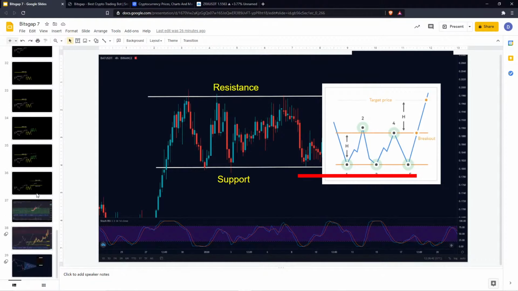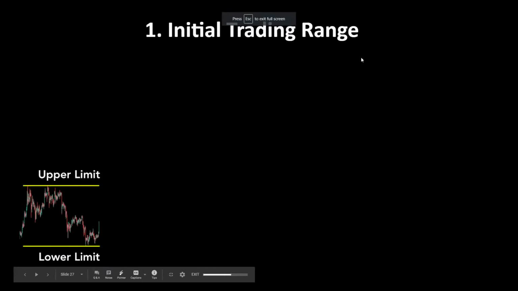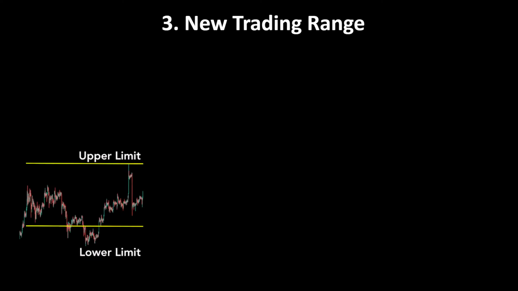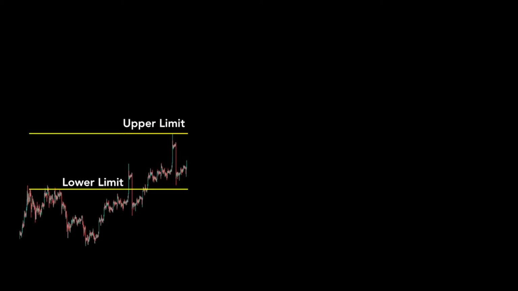And that's something that I can demonstrate to you right here. So just quickly, say initially your trading range is here, lower and upper limit prices. Imagine the price establishes a new higher high. So what's going to happen when you have your trailing up on? Then the trading range will follow the market like this. Imagine it goes higher again. Of course, it will follow the rally as you have your trailing up on.